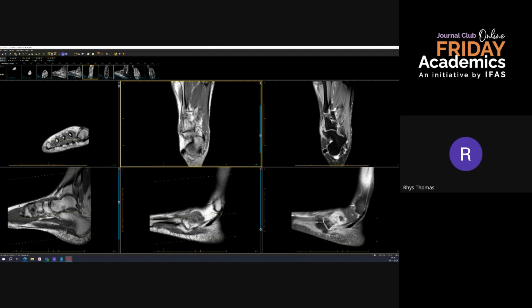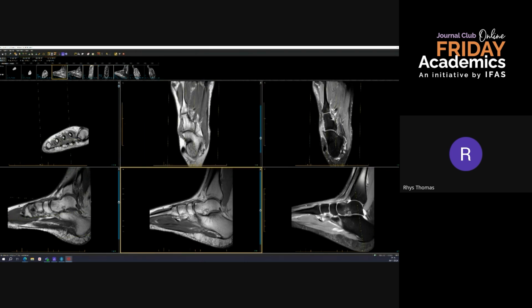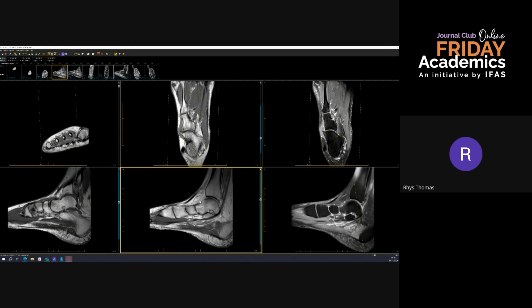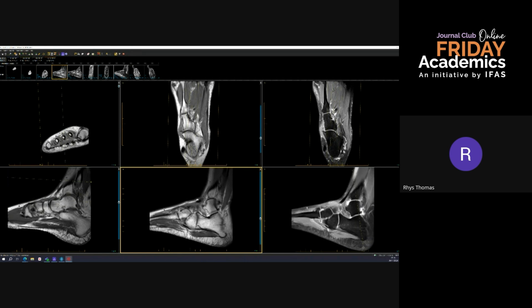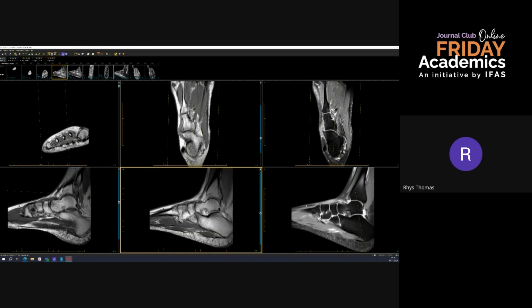So this pattern of injury is consistent with a Chopart injury to the talonavicular and calcaneal-cuboid joints, and whenever we see these, we send this your way pretty promptly to make sure nothing more sinister happens.